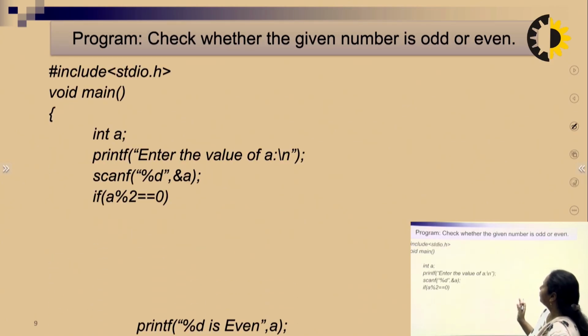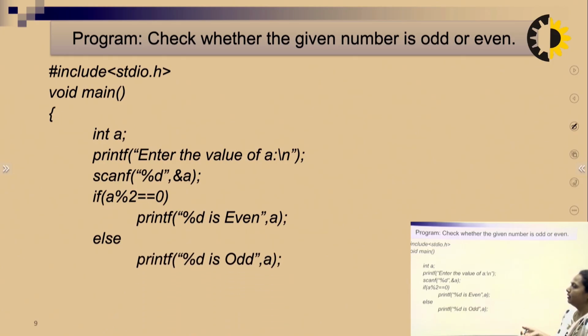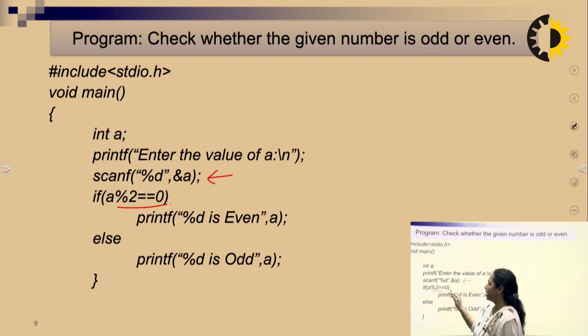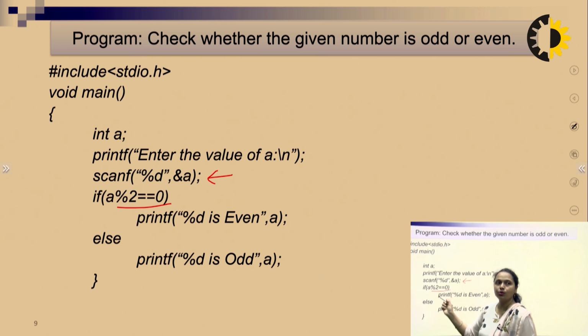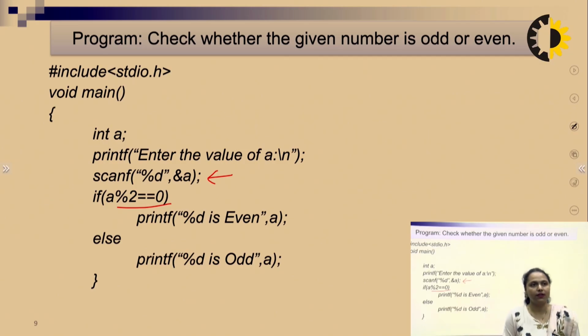We can consider one more example, that is, to check whether a number is even or odd. In this case also, one number is input by the user. Now the condition for checking an even number is that A modulus 2 is equal to 0. That is, if a number is divided by 2 and we get a remainder 0, we can say that the number is an even number, otherwise it is an odd number.